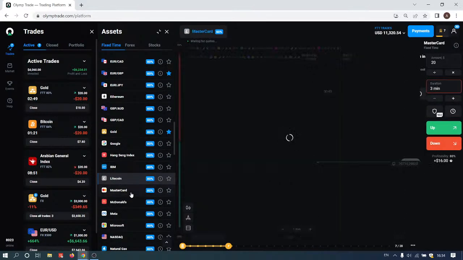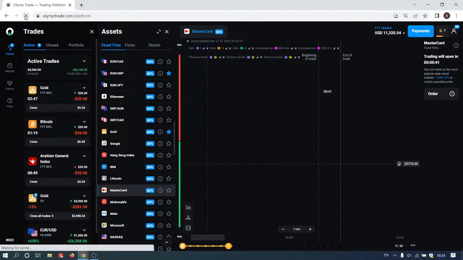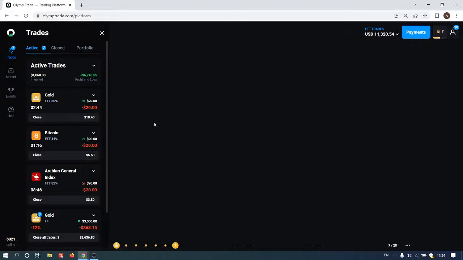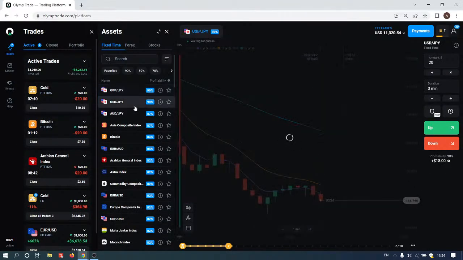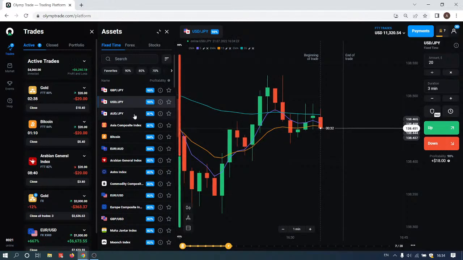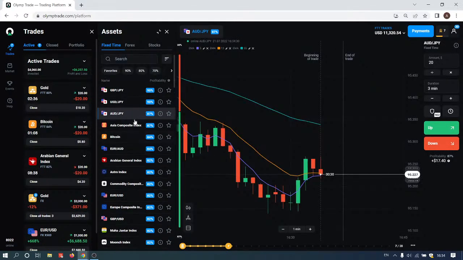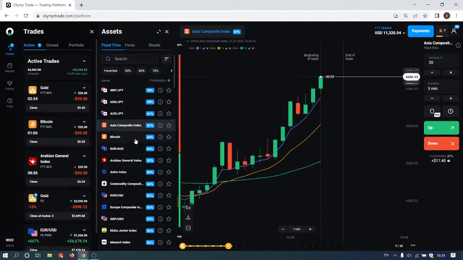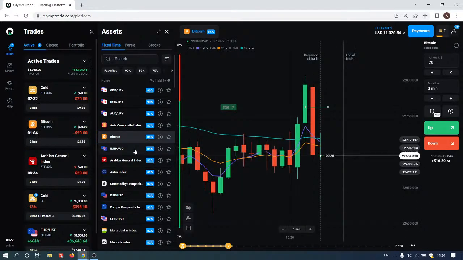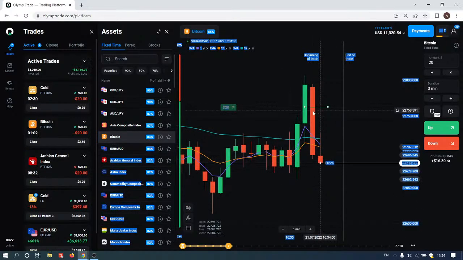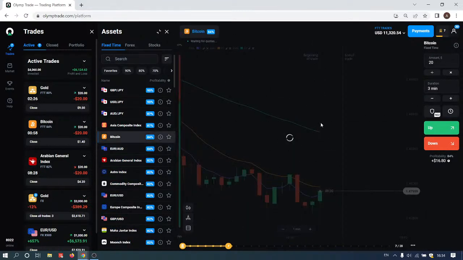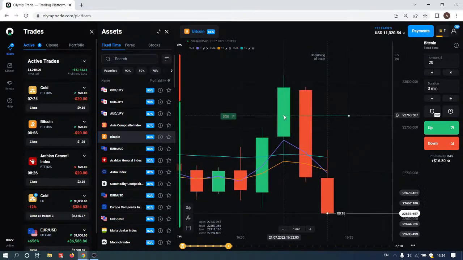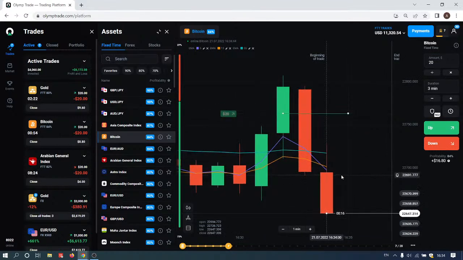Let me go ahead and refresh the platform. Wow, was this a bull trap? I wonder. We had this nice little push upwards, and then it's a reversal.